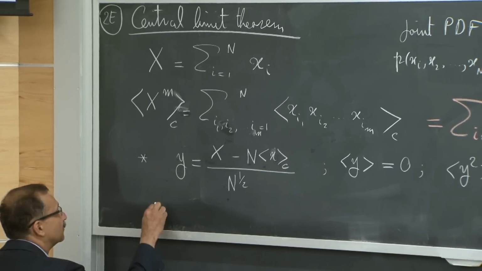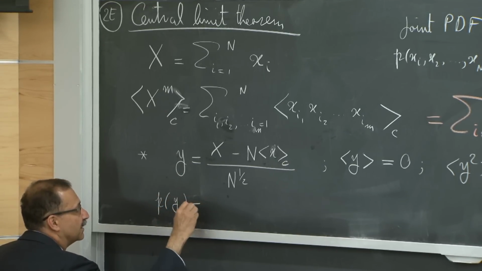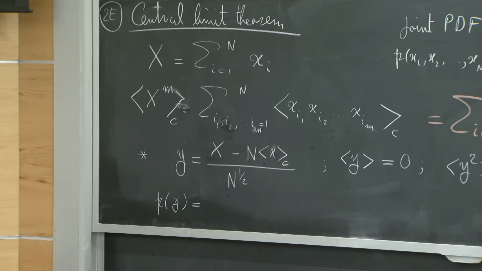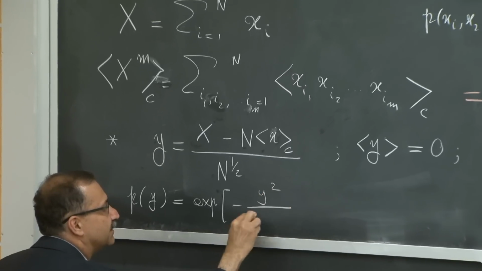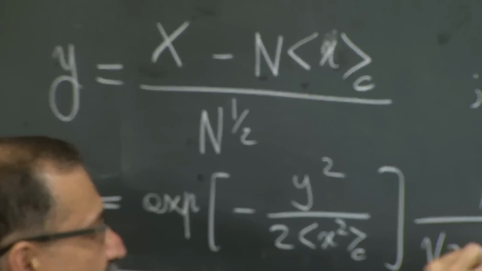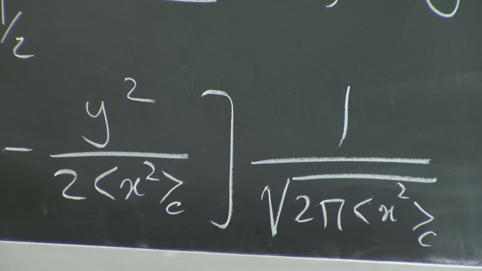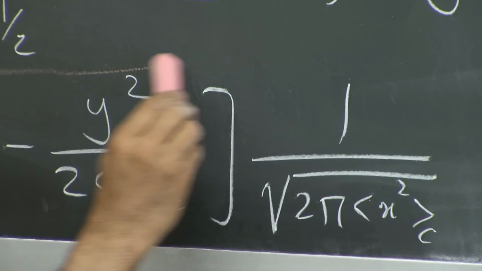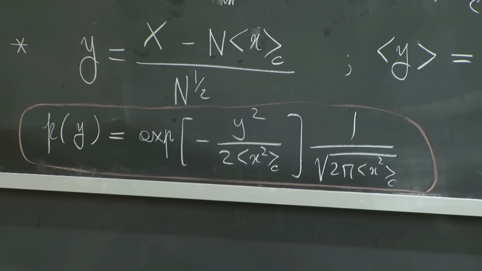So I know that the probability of y, which is this variable that I have given you up there, is given by the one distribution that we know is completely characterized by its first and second cumulant, which is the Gaussian. So it is exponential of minus y squared over 2 times its variance, appropriately normalized. Essentially the sum is Gaussian distributed.